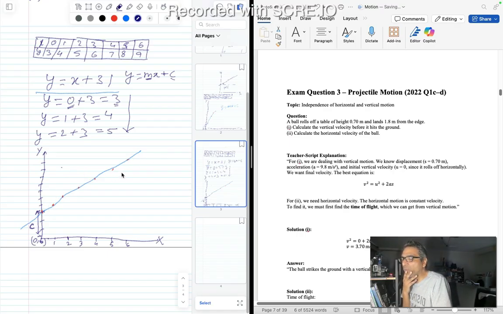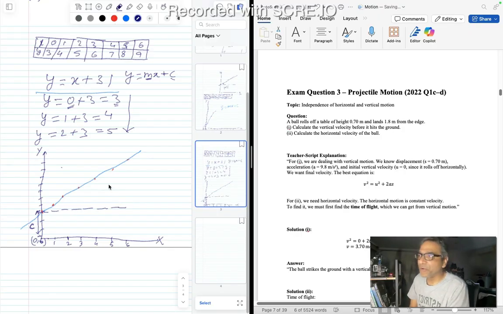And what will be the m then? M is the gradient. No, c is not always going to be 0. C will always come when x is 0. To get the value of c, we have to put x as 0, because that is where the line crosses the y-axis.